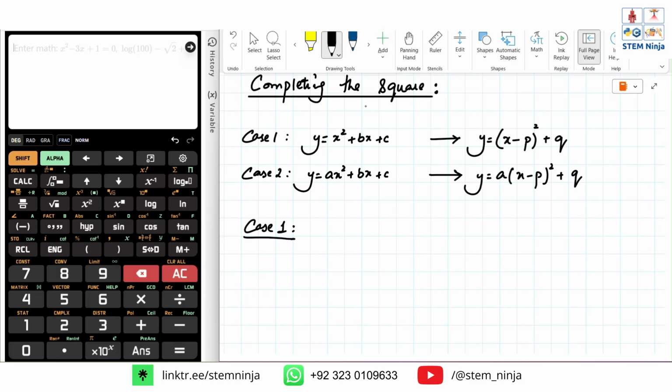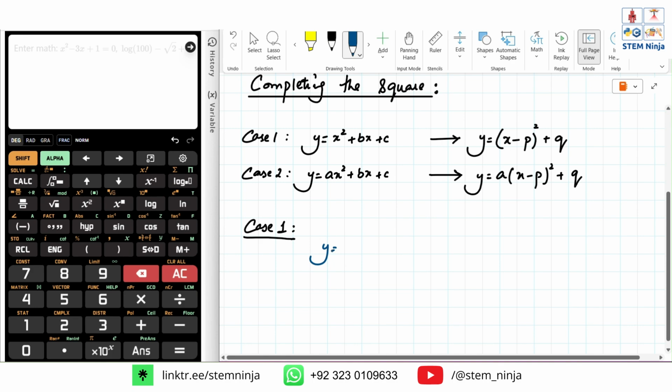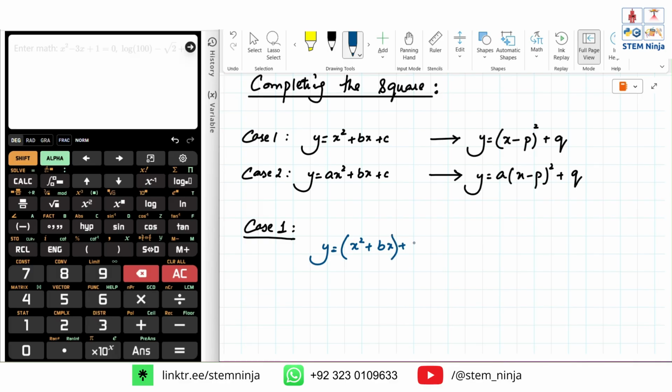So let's look at how this will look with simple algebra. First off, what we will do is put brackets between x squared plus bx and c. We know how the squares work. If you have x plus y whole squared, it will look like x squared plus 2xy plus y squared.